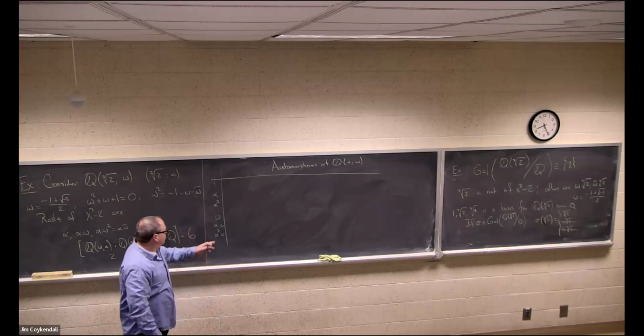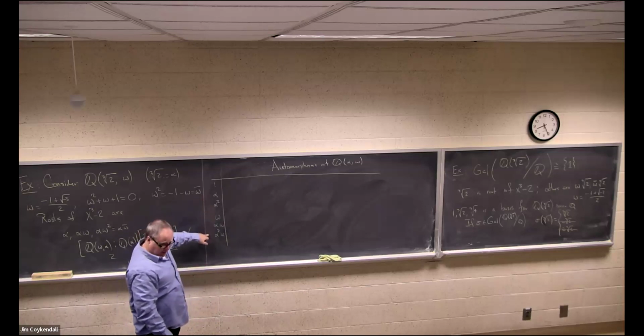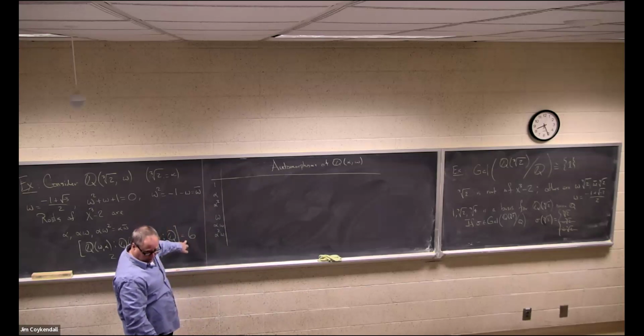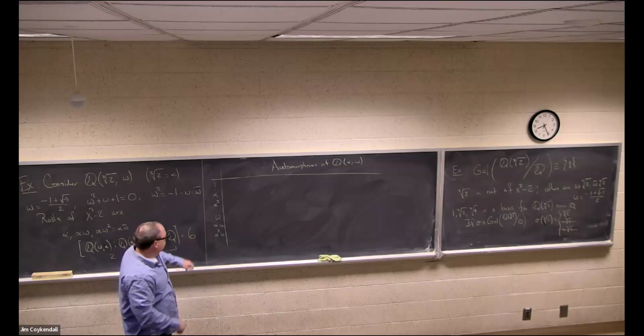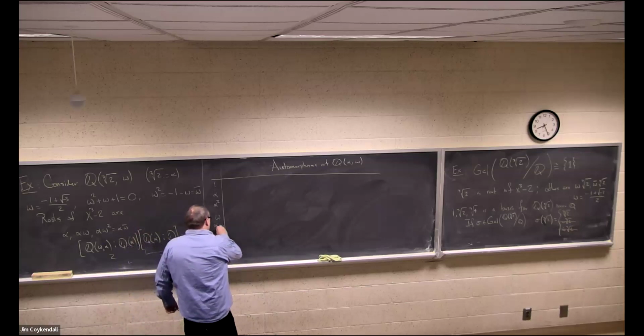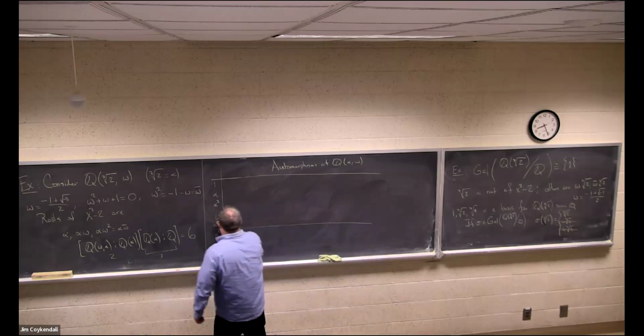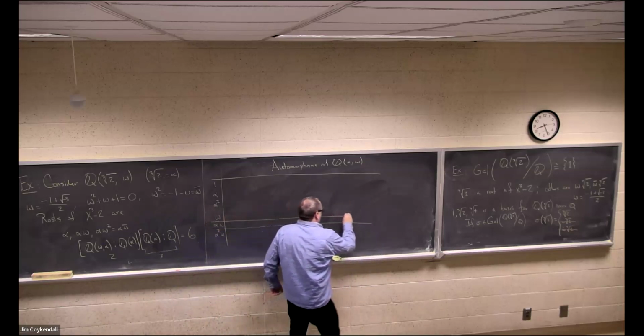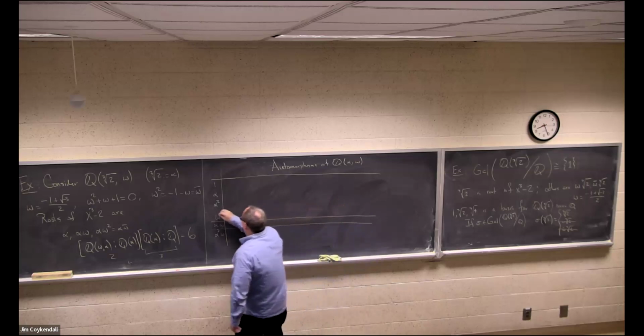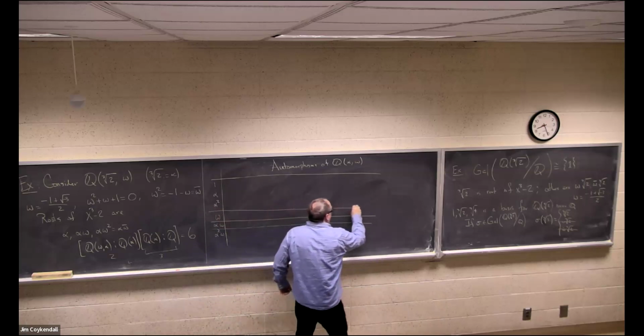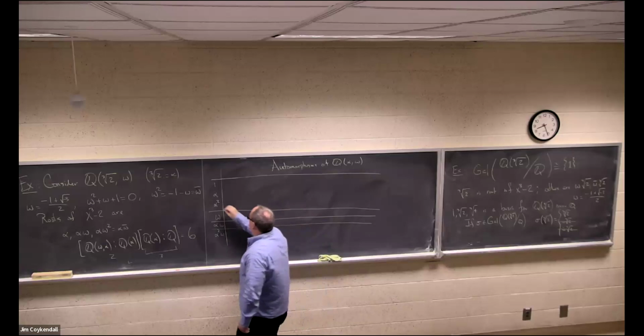If you bother to do it, you can prove that these are linearly independent elements and they generate a vector space here. Now, what I want to do is try to figure out what all the automorphisms are and what they do.